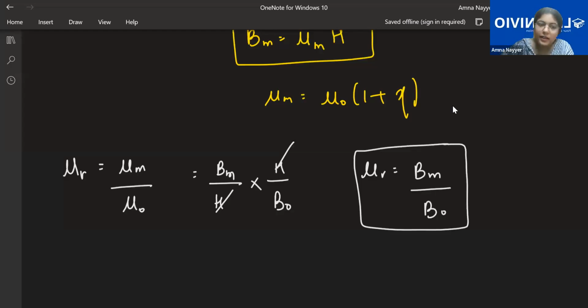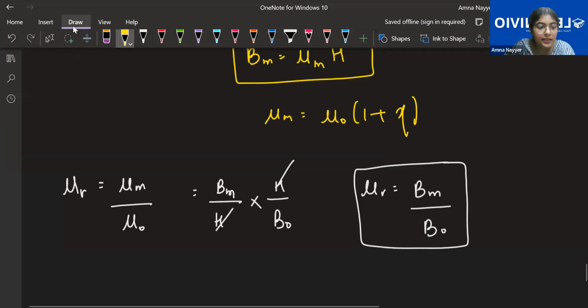But wait, mu m by mu naught, if I write it from here, mu m is equal to mu naught into 1 plus chi, right? You'll have different values for the magnetic field for a medium and the magnetic field for air, like this for different materials. So in some materials the magnetic field increases due to relative permeability. I'll write this down also.